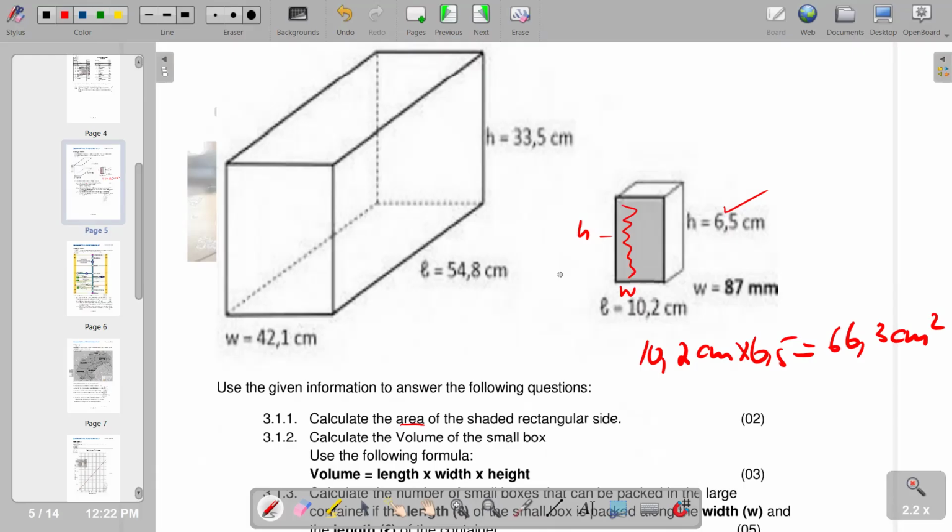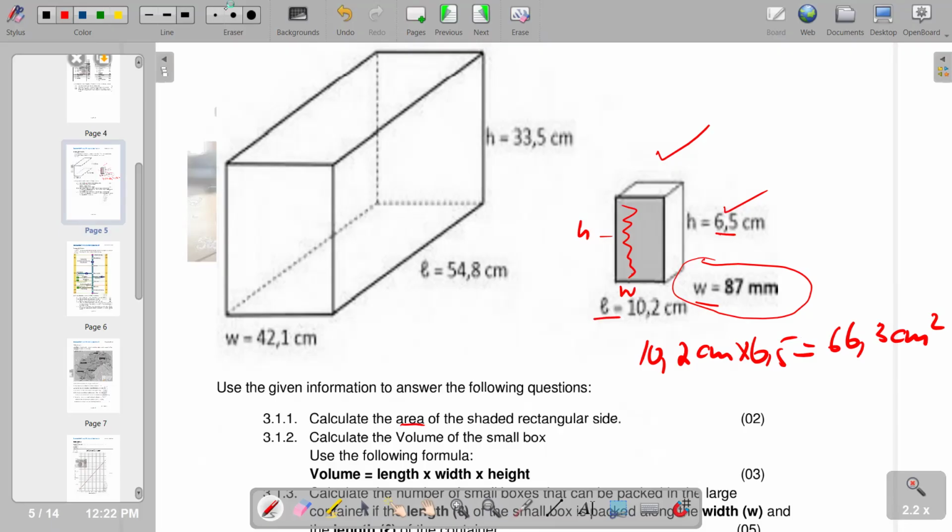Then we go to 3.1.2, calculate the volume of the small box. Of course, the small box is this side, so we have length times width times height. We have got our length, our width, and then our height. But of course, if you check, our width is in millimeters, and we have to first convert those millimeters to centimeters.